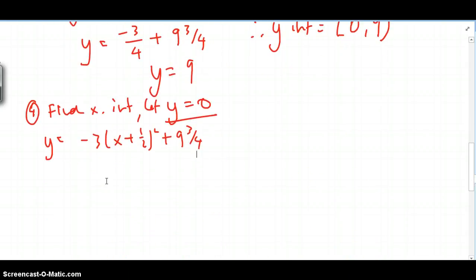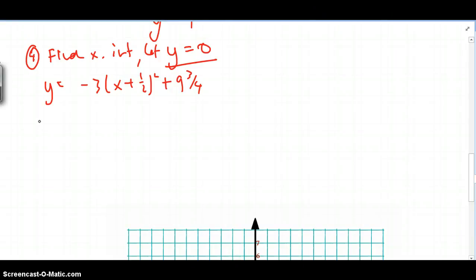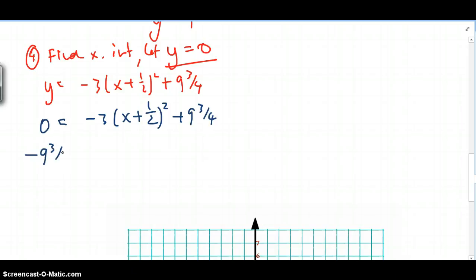Yep. So from here, I'm just going to change color because it seems like it's been red the whole time. Let y equal 0, so we get 0 equals minus 3 times (x plus a half) squared plus 9 and 3/4. What I'm going to do is move the 9 and 3/4 over to the other side by subtracting it, so I get minus 9 and 3/4 is equal to minus 3 brackets x plus a half squared.